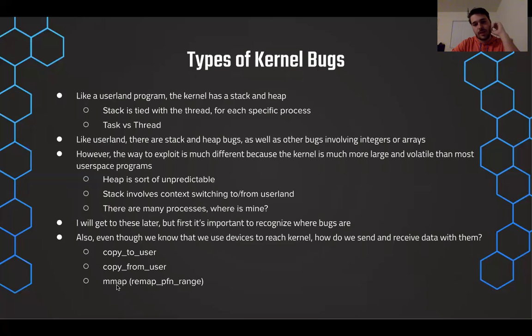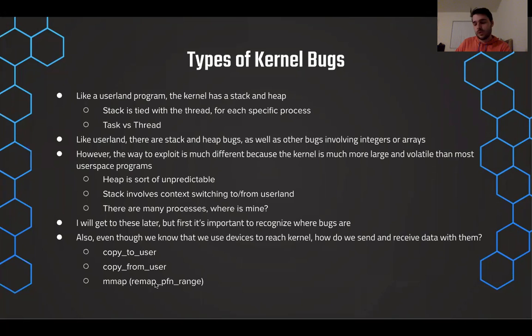Then there's mmap, which underlying uses remap_pfn_range, and basically that helps when you want to have a large memory block that is in both user land and kernel land. You might see a lot of drivers have mmap handlers.